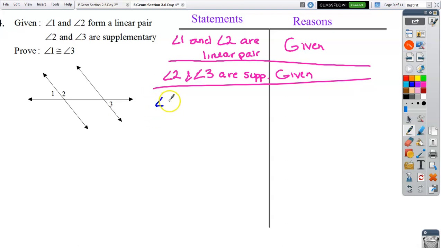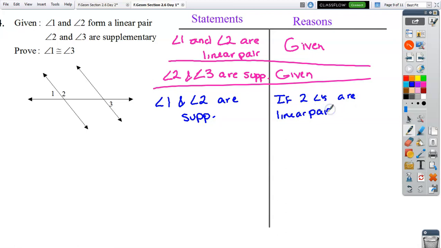Angle 1 and angle 2 are supplementary, and that would be if two angles are a linear pair, then supplementary.